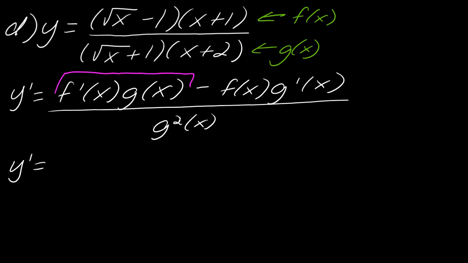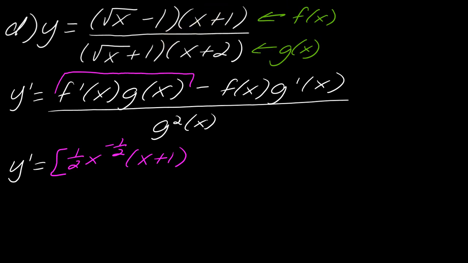Starting with the derivative of this piece here, I first have to take the derivative of the square root of x minus 1. The derivative of the square root of x minus 1 is 1/2 x to the negative 1/2. There's that derivative. And then I multiply that by just the other part, right? I haven't taken any derivatives yet.